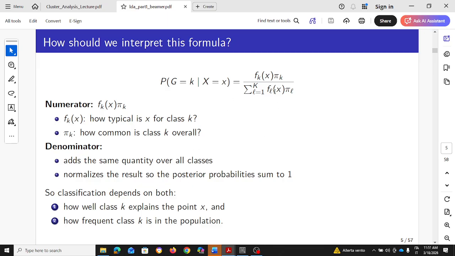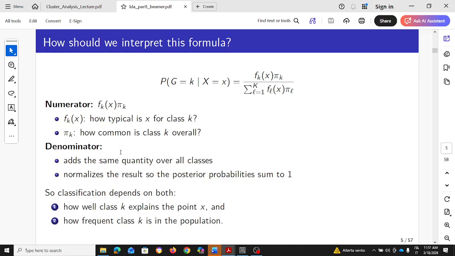So in the denominator we add all those quantities, we sum them. So it's a kind of normalization, okay? So in the numerator we have the density for each point, we have its prior probability for each point, then we divide by this summation to kind of normalize it, okay?